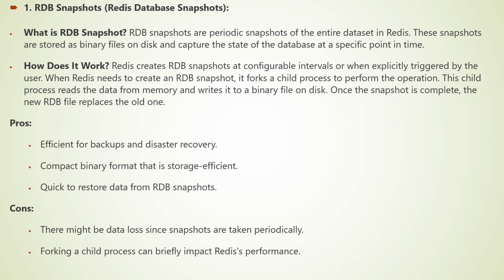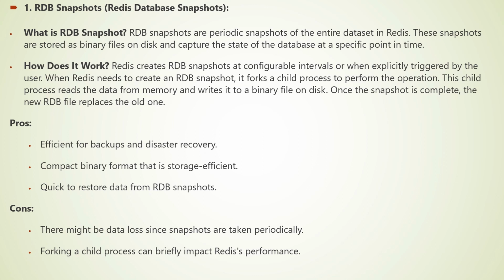Redis creates RDB snapshots at configurable intervals or when explicitly triggered by the user. When Redis needs to create an RDB snapshot, it forks a child process to perform the operation. This child process reads the data from memory and writes it to a binary file on disk. Once the snapshot is complete, the new RDB file replaces the old one.